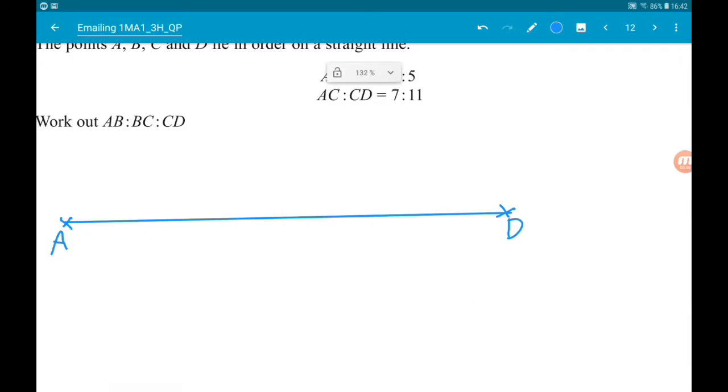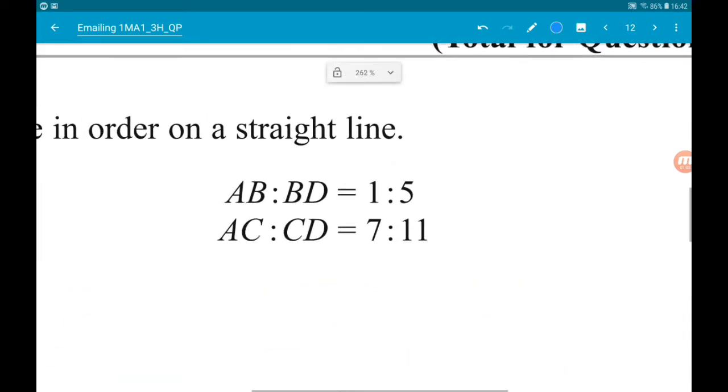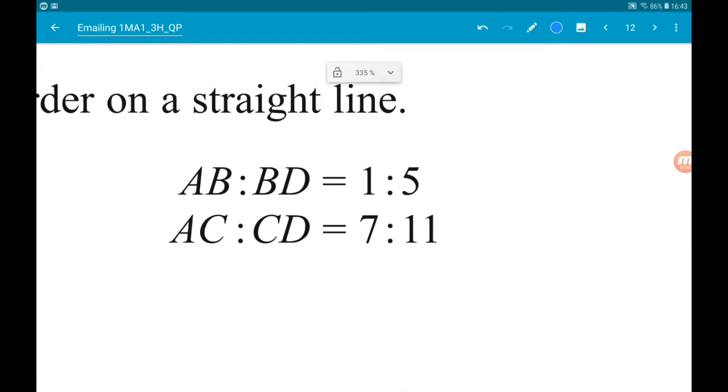Okay, now if we look at the two ratios, AB to BD is 1 to 5, so that's breaking the line into 6 parts. But AC to CD is 7 to 11, that's breaking the line into 18 parts.